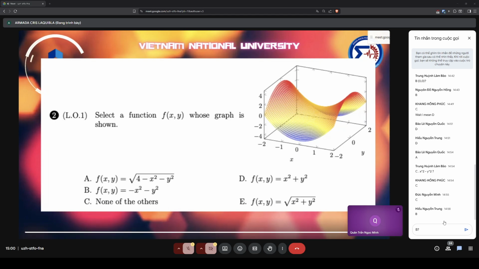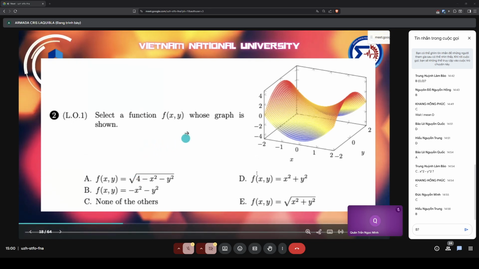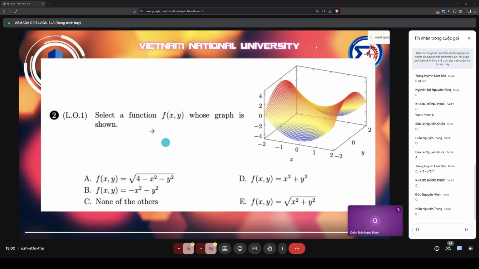Someone says x squared minus y squared is the correct one. If you substitute negative 2, the result is 0, correct? Now, how about this point here in the center part, straight with x equal to 0? It is straight with negative 4 in your z and negative 2 in your y.